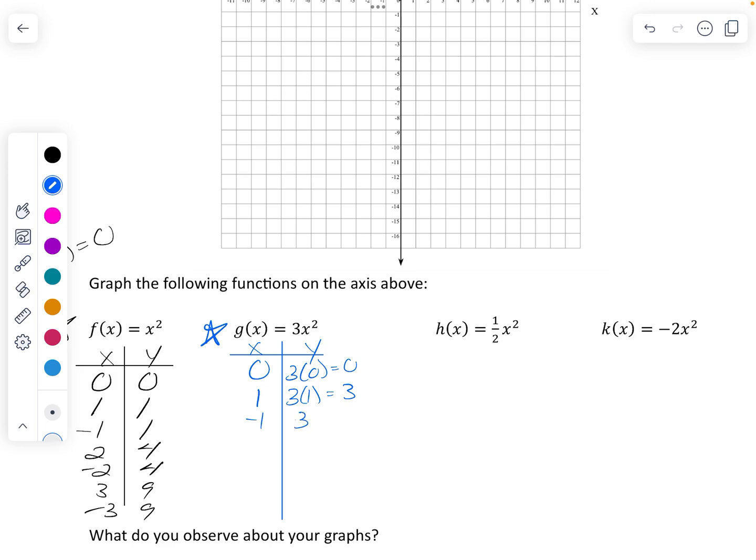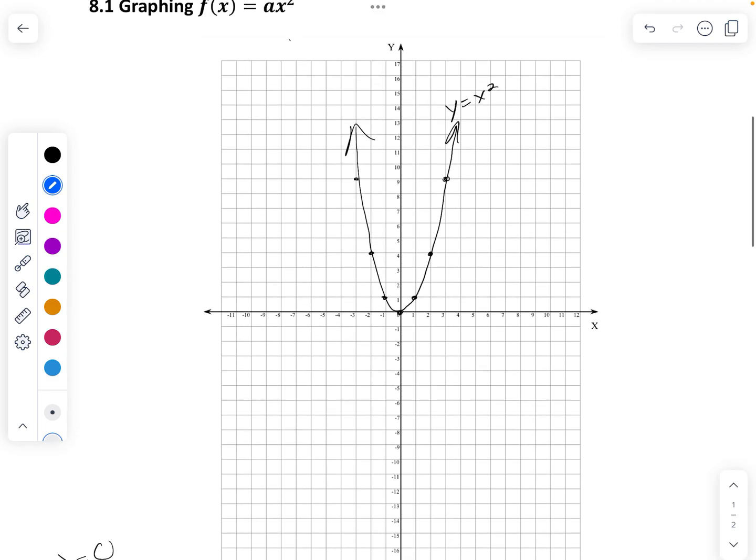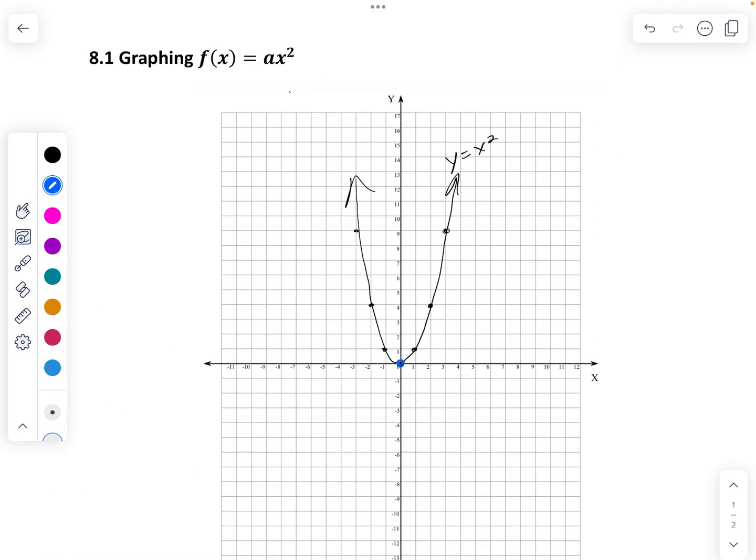Same thing for negative 1. When x is 2, 3 times 2 squared is 3 times 4, and we get 12. And negative 2 is the same thing, 12. I'm going to stop there because 12 is a pretty big number. So here it's still at 0, but now at 1 it's 3, and at 2 it's 12.